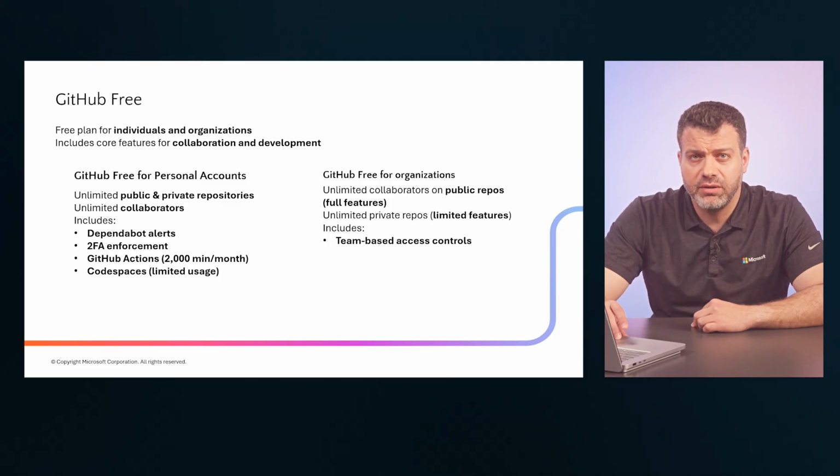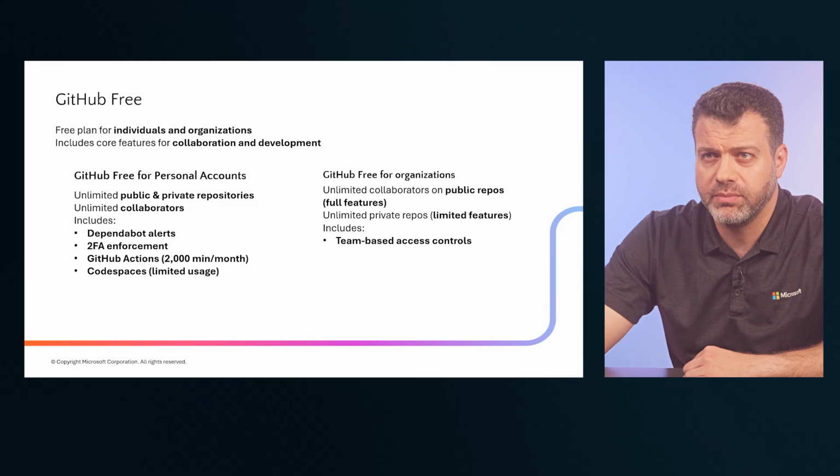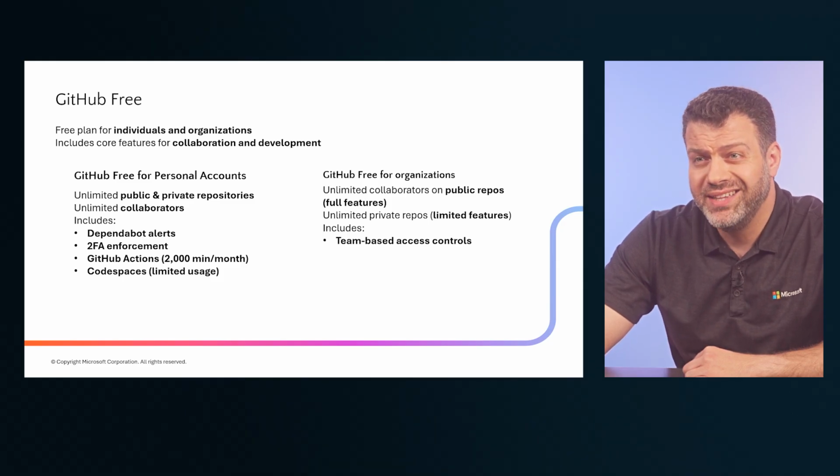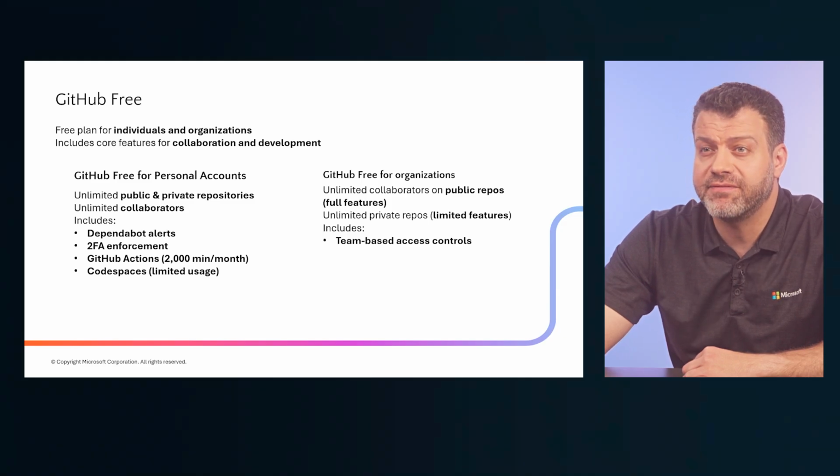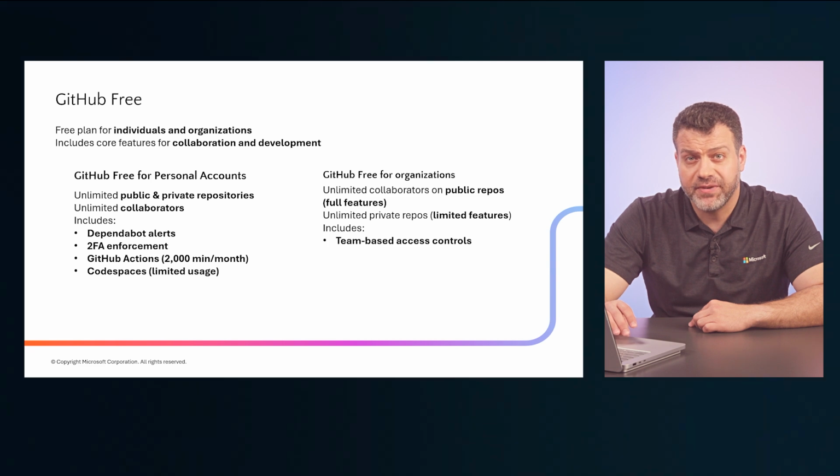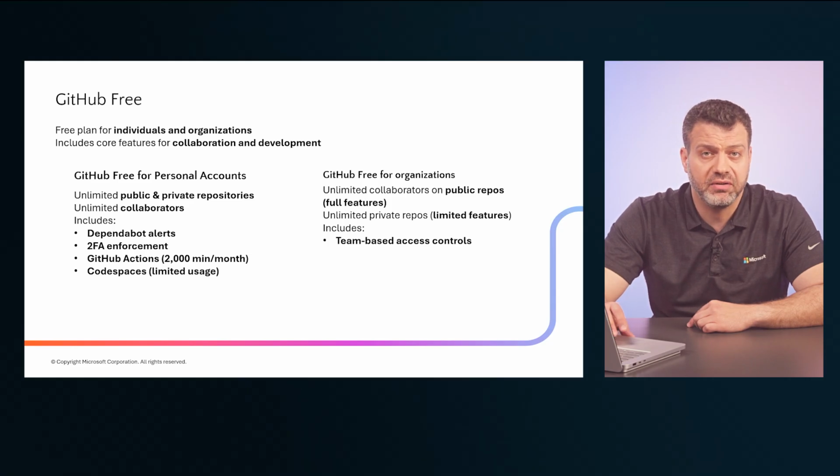For organizations, GitHub Free supports team collaboration, especially for public repositories with a full feature set. Private repositories are also supported, but with some limitations compared to paid plans. In addition, team access control is available and helps you manage permissions, even at the free tier. So GitHub Free is a solid foundation for developers and collaboration, especially for smaller teams or getting started.